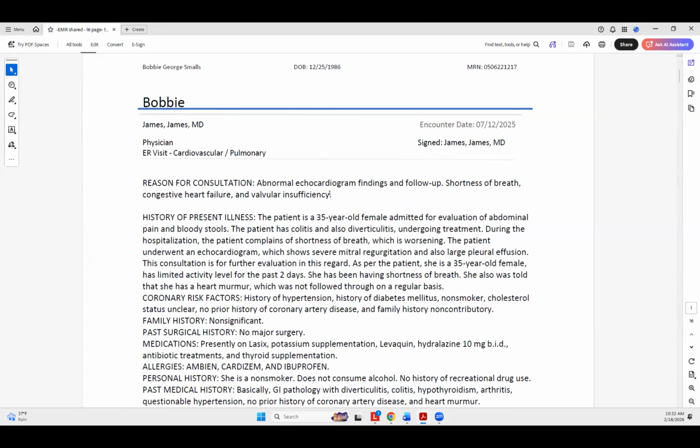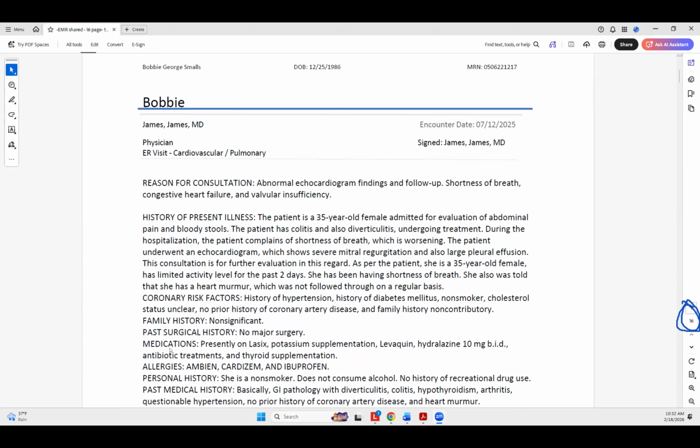All right, so now we're looking at a sample medical record. Here we have 16 pages. We're still talking about transition of care, because that's what I'm teaching on.